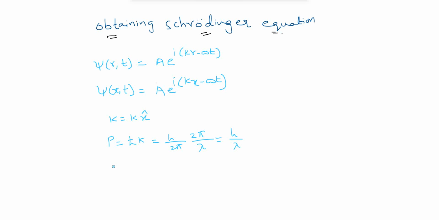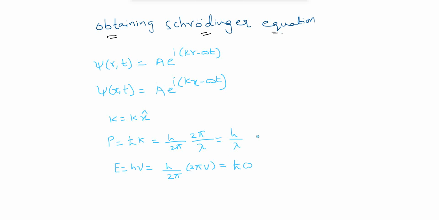And we know that energy is equal to h nu. Now if we divide h by 2 pi and multiply the frequency with 2 pi, then we get h cross omega.